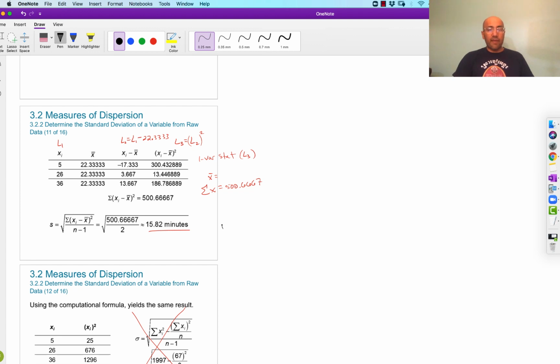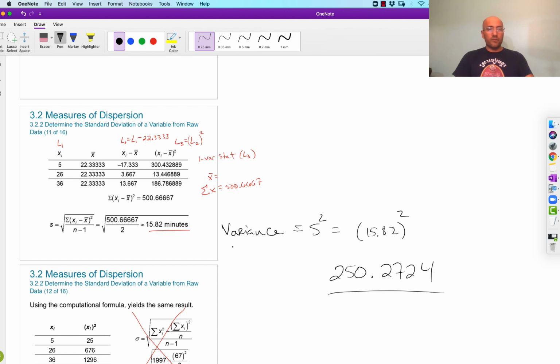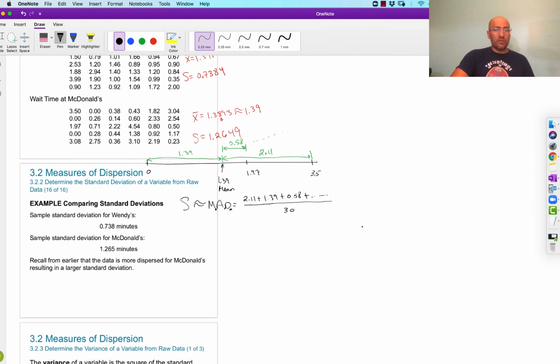And then to find the variance, variance is equal to s squared, which is 15.82 squared. 15.82 to the power of 2 is equal to 250.2724. So they're getting it from here. So sorry, I misunderstood this statement here.